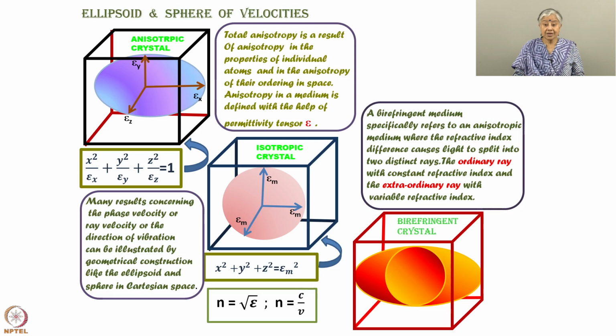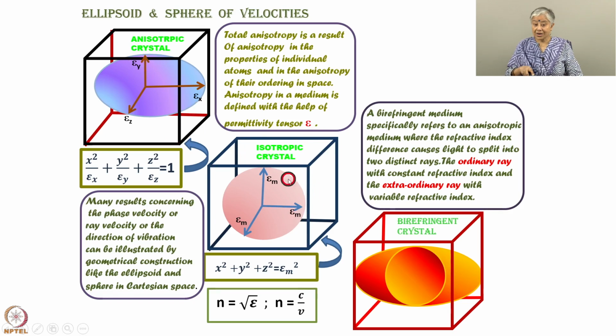It may as well be an amorphous medium, which is also an isotropic medium. So, I have this distinct anisotropic medium, and the special case is an isotropic case where all the axes are equal.